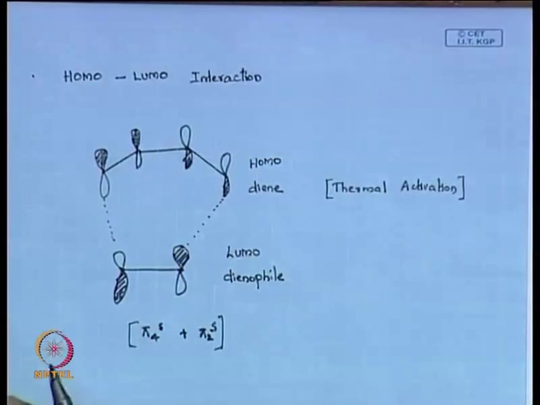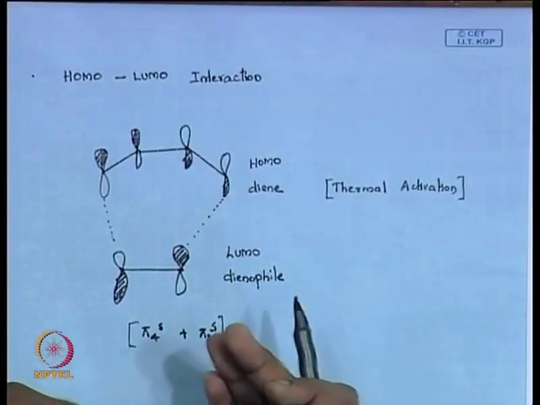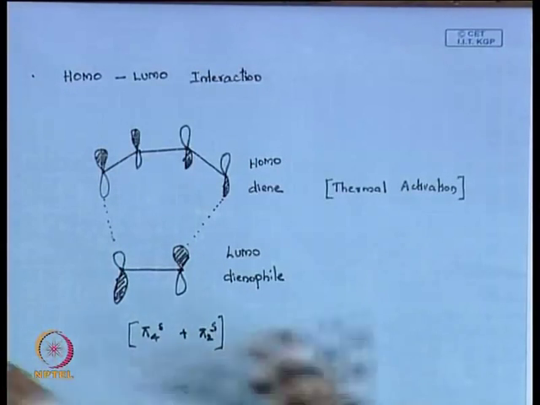That tells us that on heating, the reaction is suprafacial and allowed, and it goes very nicely because it is geometrically as well as orbitally favored. Your HOMO-LUMO interaction tells that. So, on heating we get a nice suprafacial pathway to our Diels-Alder reaction.